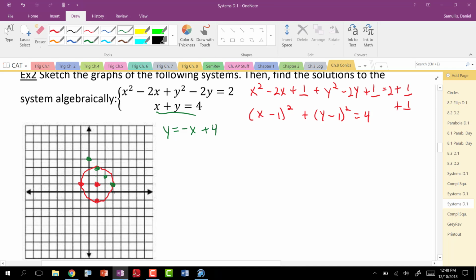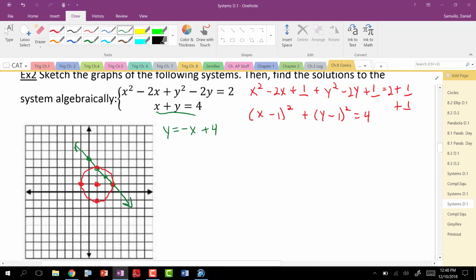Because we already know what the solutions are. We're still going to find them mathematically or algebraically. What are they? They're just numbers. You didn't even look, did you? It's 1, comma, 3, and 3, comma, 1. Because that's what it means.